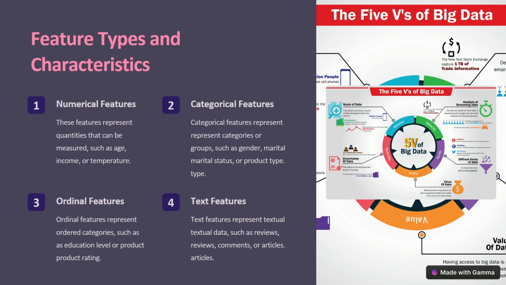Categorical features are categories like gender, marital status, or fruit or vegetable, etc. Ordinal features are like categories with an order, like education level or product rating from 1 star to 5 stars. Text features include comments, reviews, or articles. Generally, you will find this type of feature in social media posts.